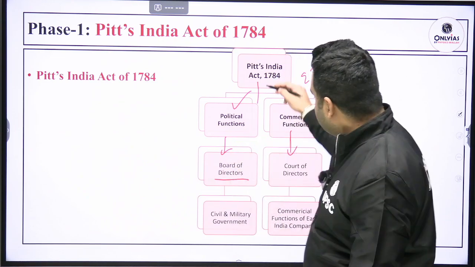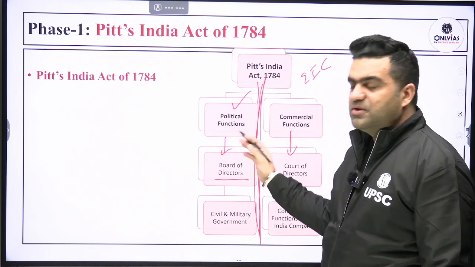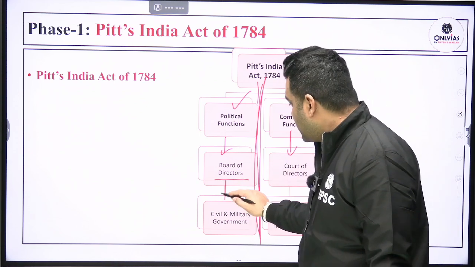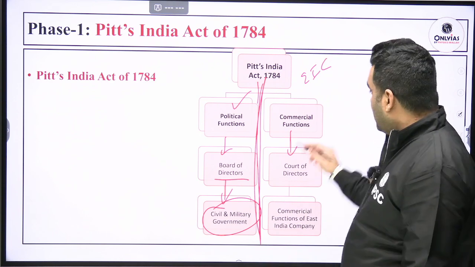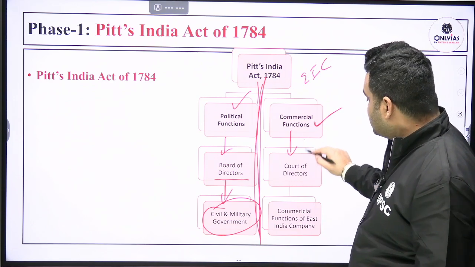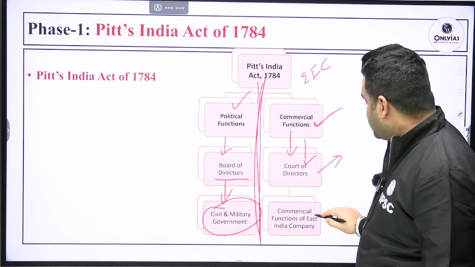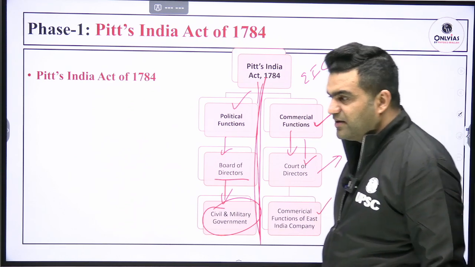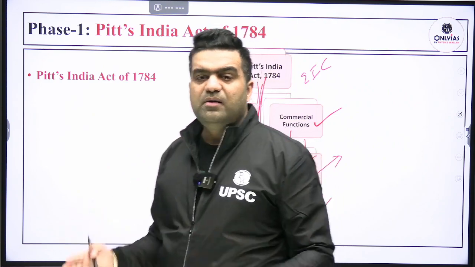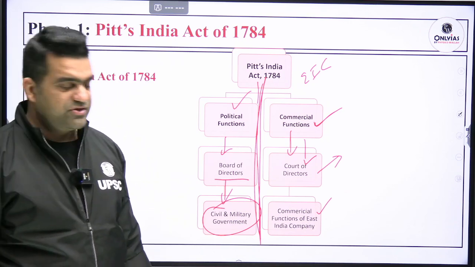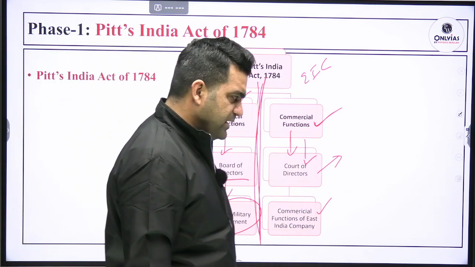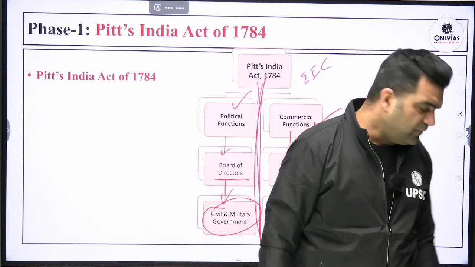Only the demarcation of political and commercial functions. The board of directors will have civil and military power. The commercial functions were vested in the court of directors, so that there is no mixing of commercial and the political and administrative functions. Am I clear? So this thing is there.